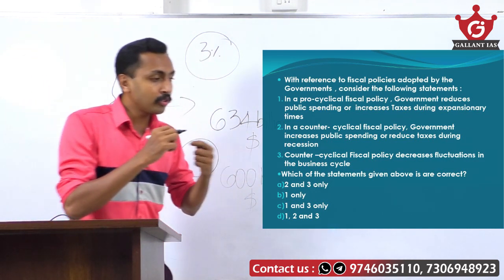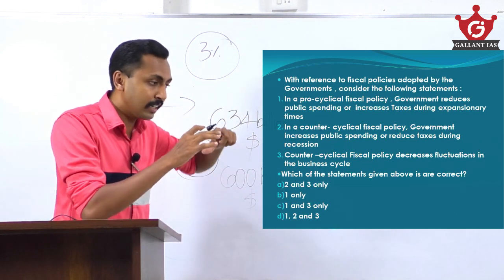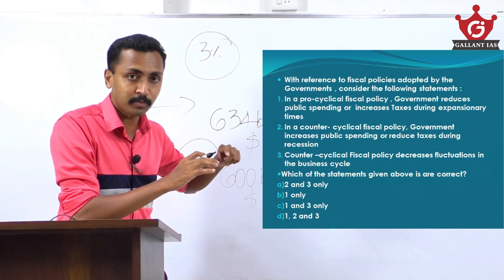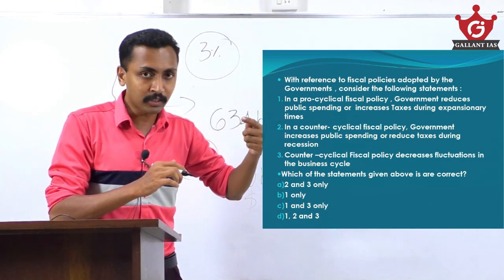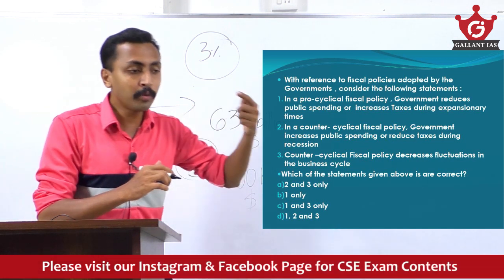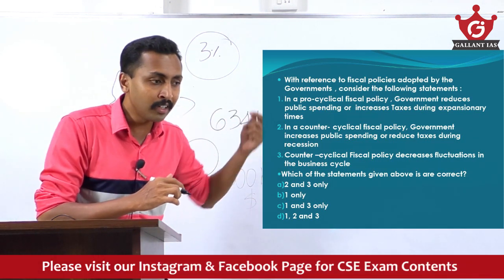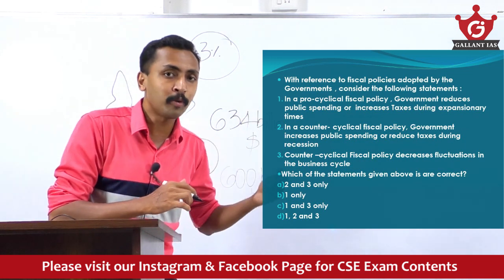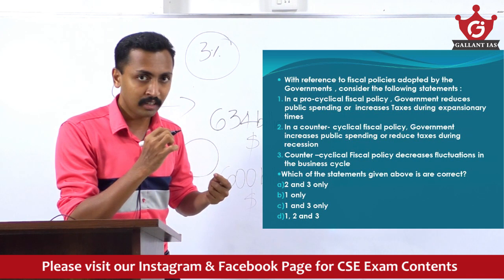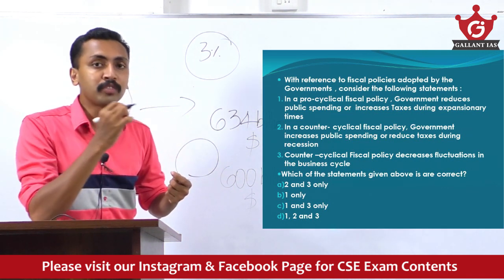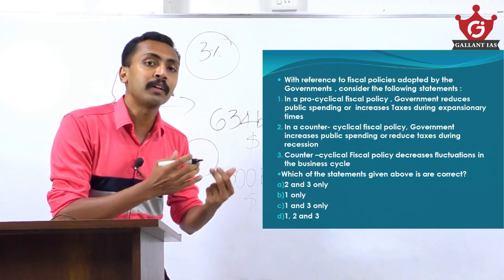Government acts opposite to the economic circumstances. That means when there is decreased production, decreased investment, decreased consumption, then what does the government do? Government demands more goods and services, spends a lot of money in the economy, and invests money in the economy to induce business and economic activities, and reduces taxes to encourage consumers to purchase goods and services, to have money and spend that money.